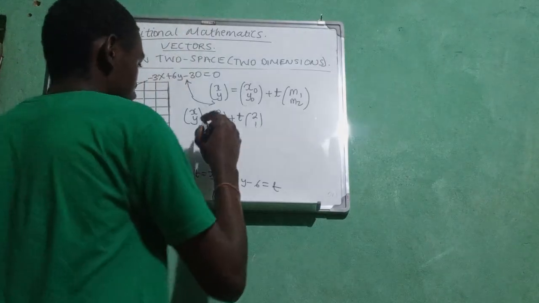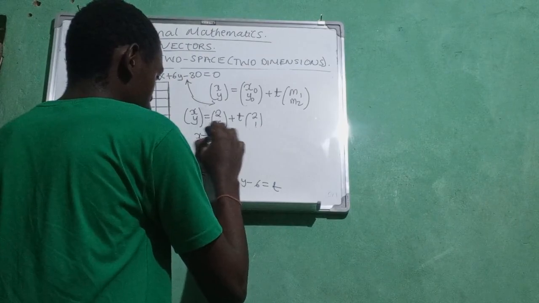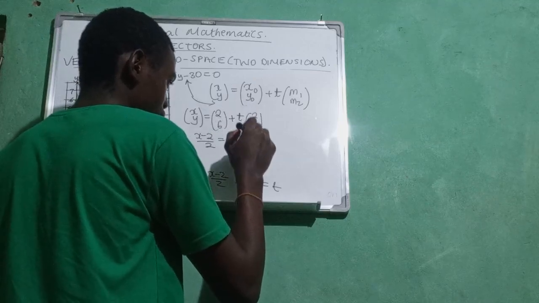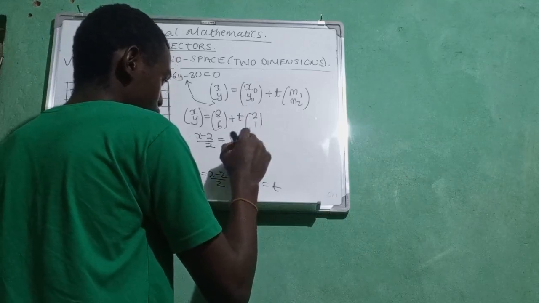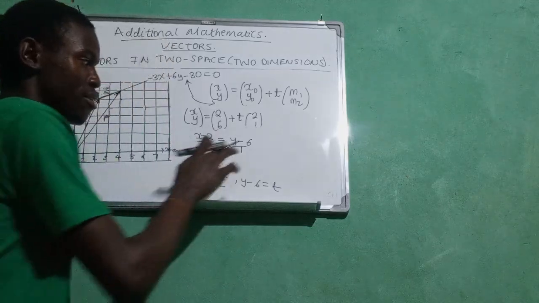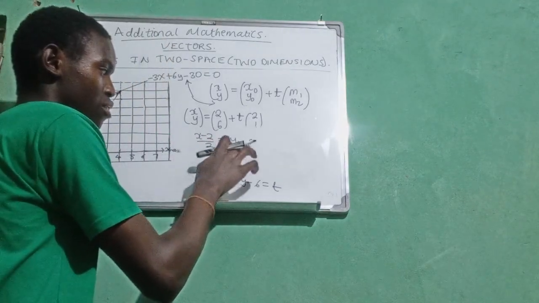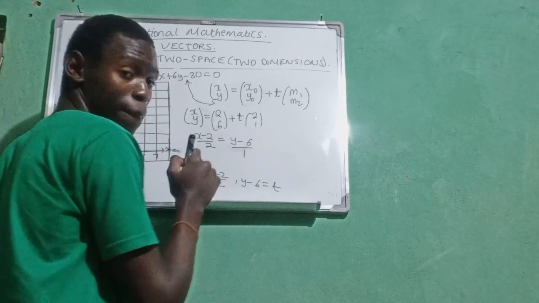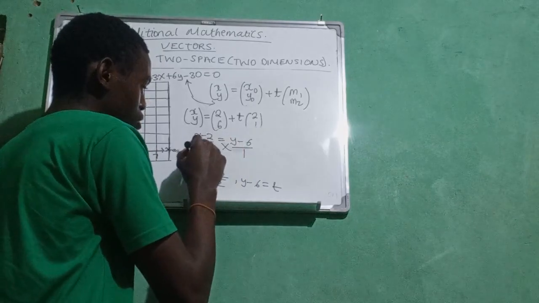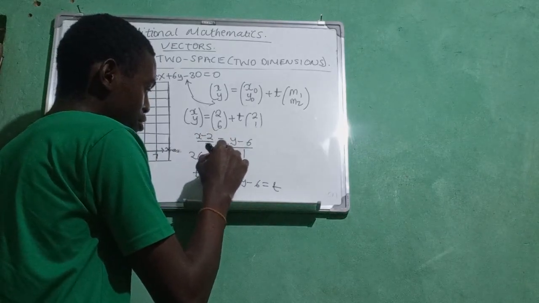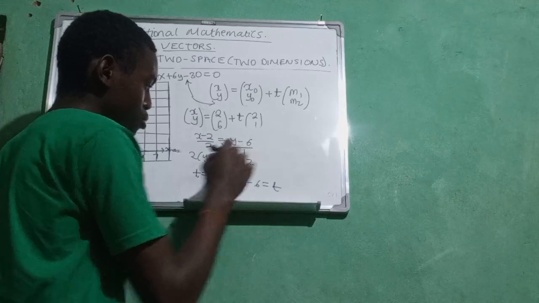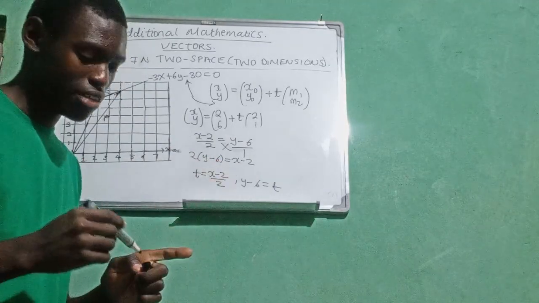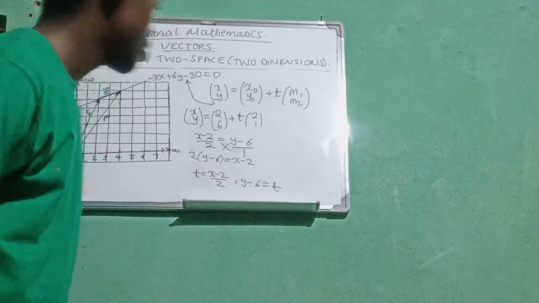So this is where we are. Then we divide by 1, like that. We cross multiply. So 2 multiplied by (y - 6) is equal to x - 2. There is more than 1 term here, so we're going to leave that in parentheses.